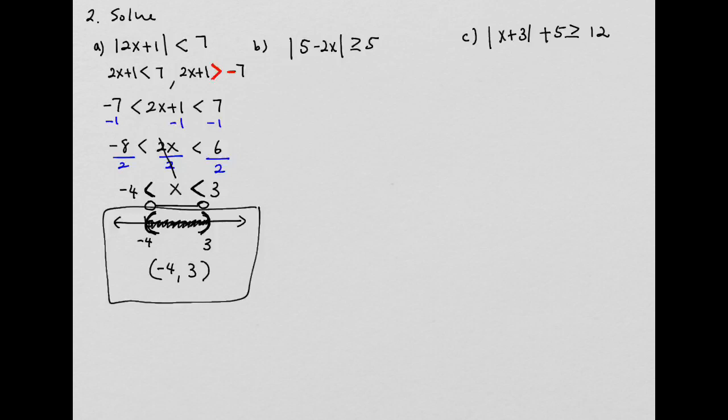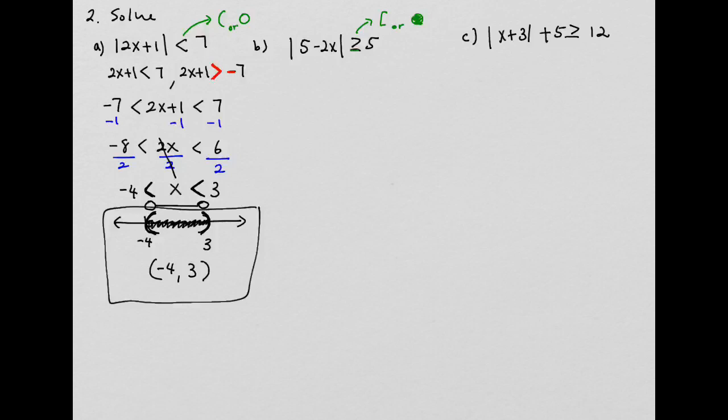Let's try another one. So if we have the absolute value of 5 minus 2x is greater than or equal to 5, since it is greater than or equal to 5, we're going to use a bracket or closed circle. Less than or greater than, we're using parentheses and open circle, right?